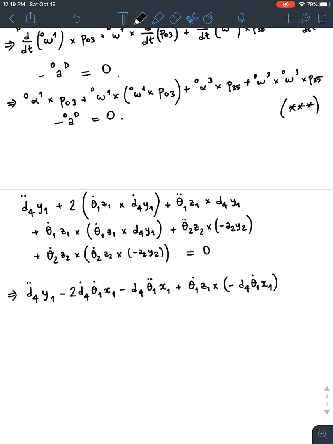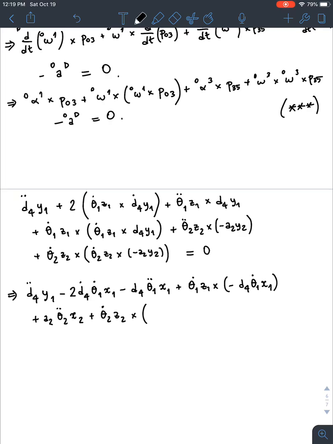Okay, so I have a z2 cross y2 here, but with a negative sign. So that's negative x2 with a negative sign, which means x2. So this I have here plus a2 theta 2 double dot x2 plus theta 2 dot z2 cross, again here I have z2 cross y2, which is minus x2 with a minus sign.